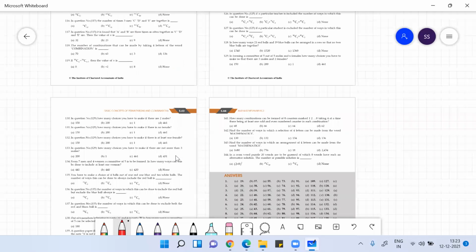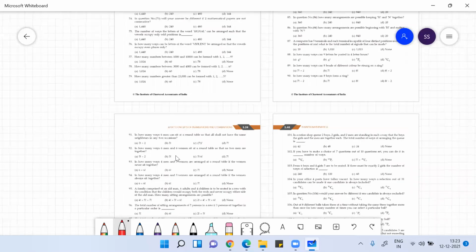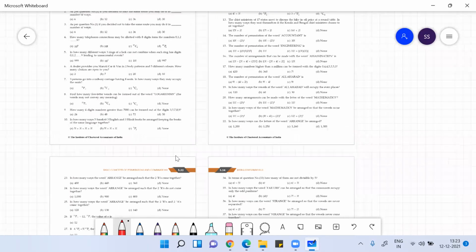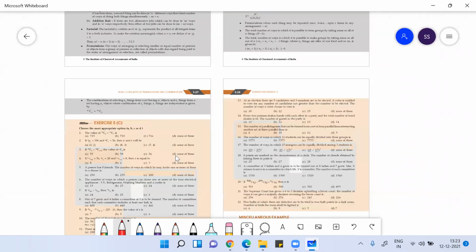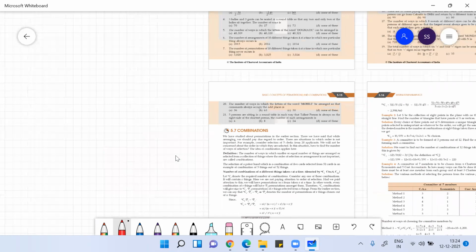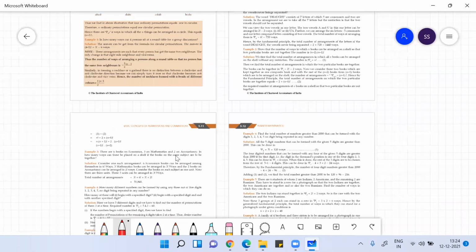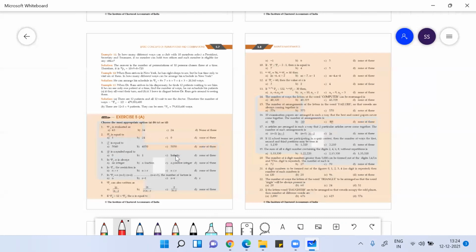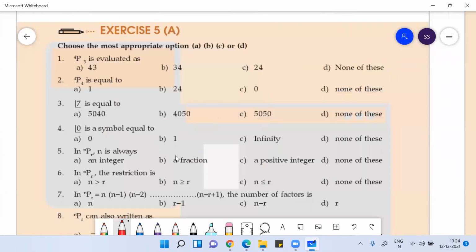So 4P3 is 24, 4P4 is 24, 7 factorial is 5040, 0 factorial is 1.